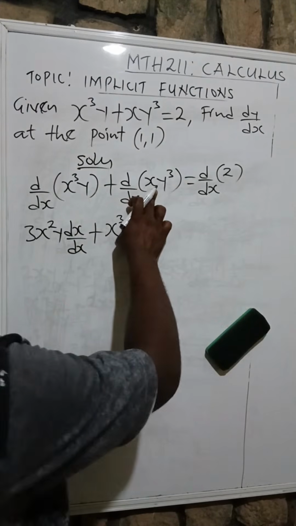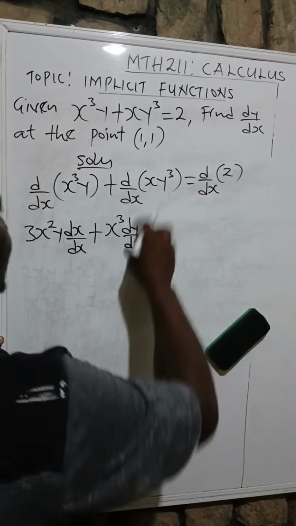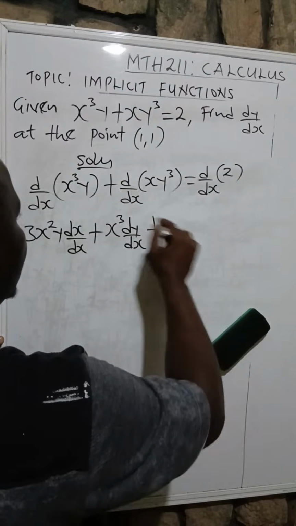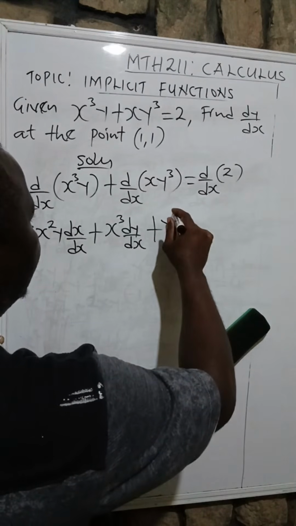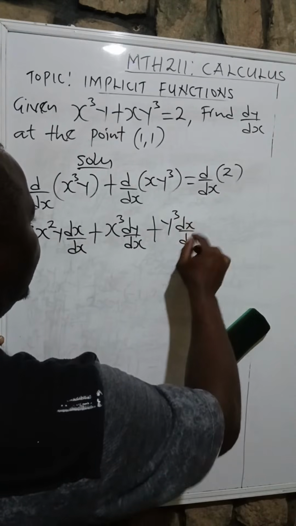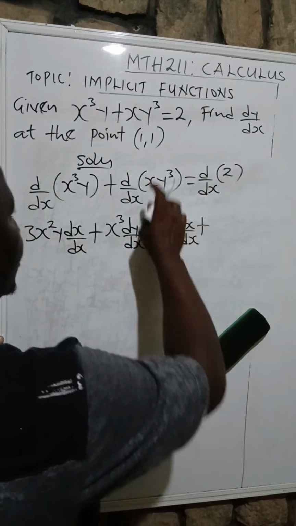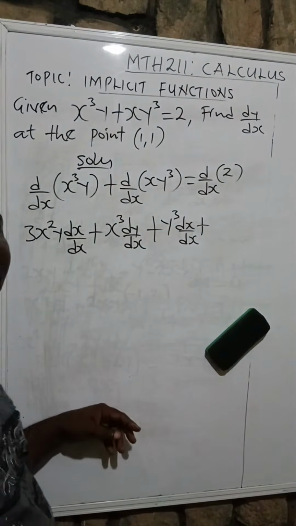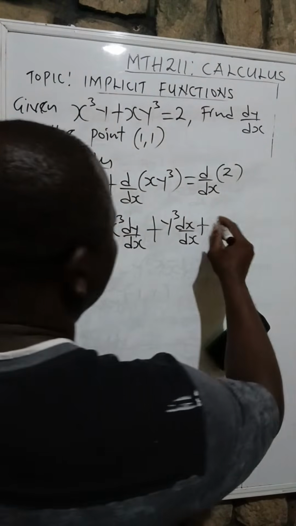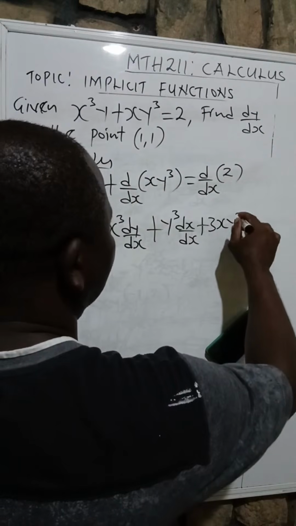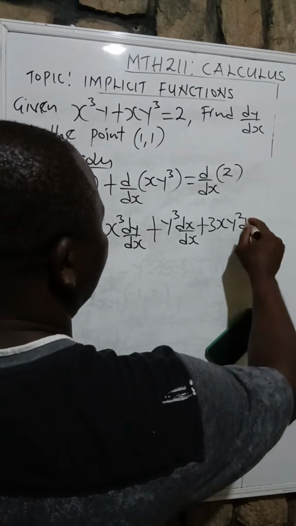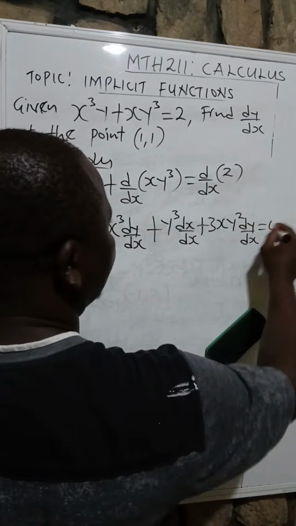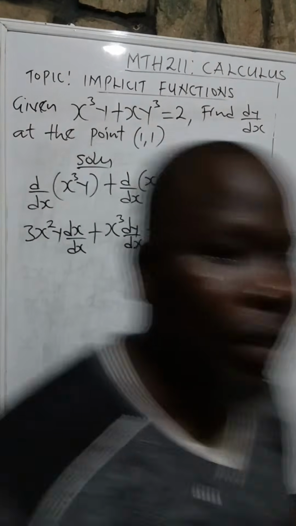The same applies: we differentiate x, we have 1, times y cubed, so y cubed dx over dx. Then plus x times the derivative of y cubed, which is 3y squared, so 3xy squared dy over dx. Then the derivative of 2 is 0. True or false?